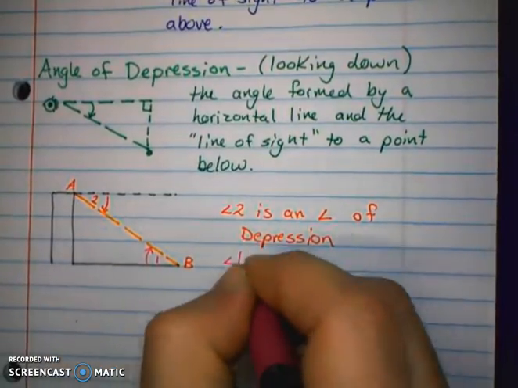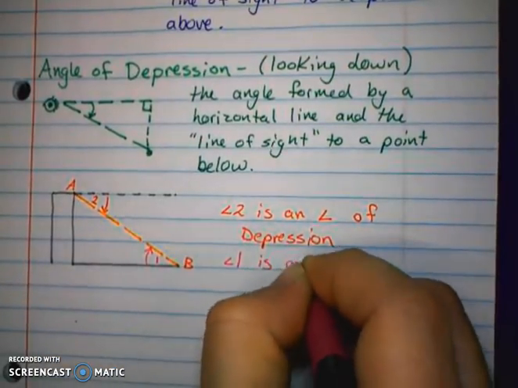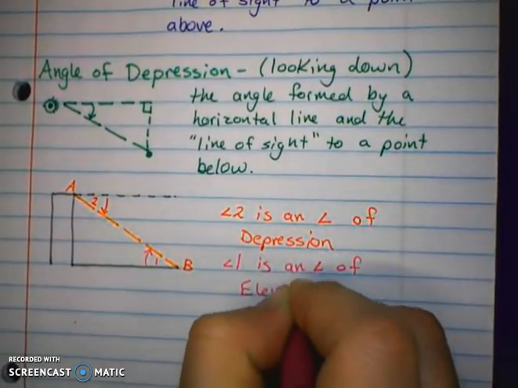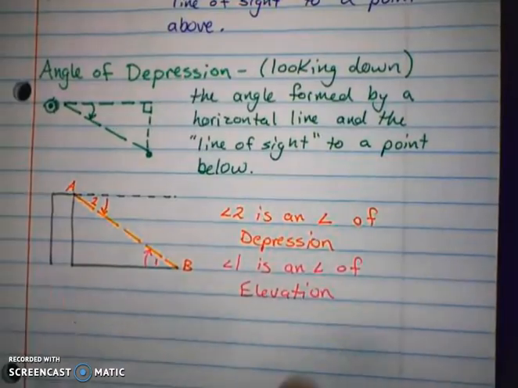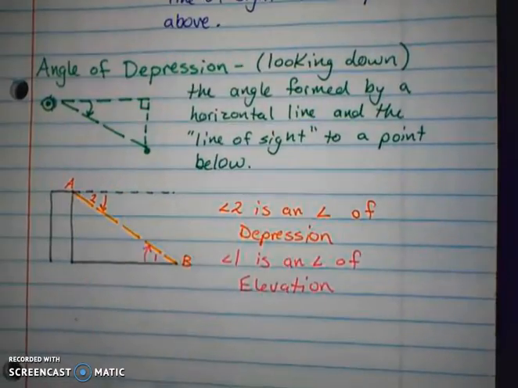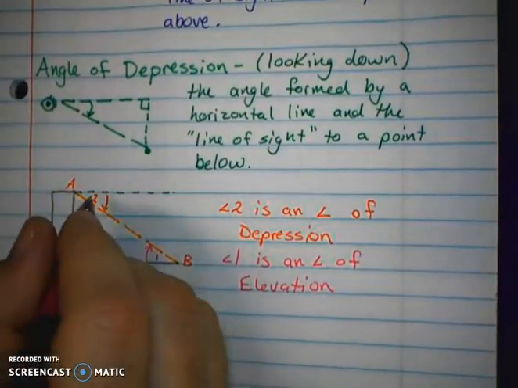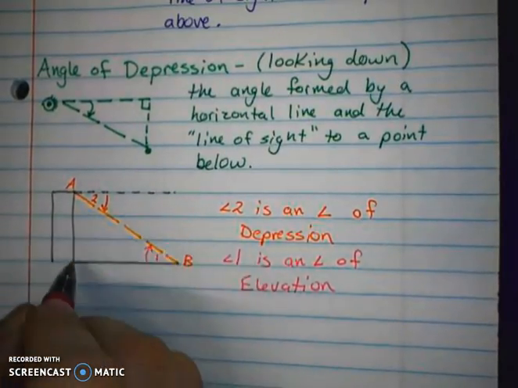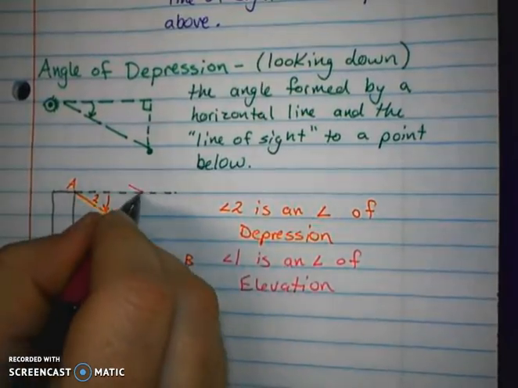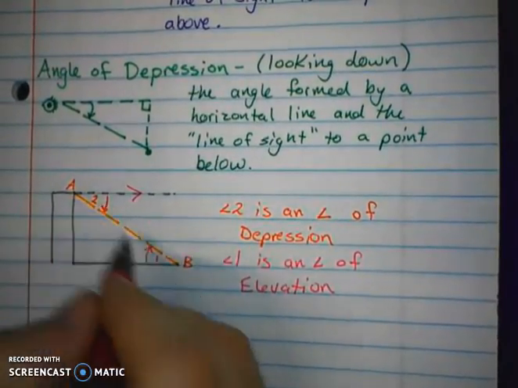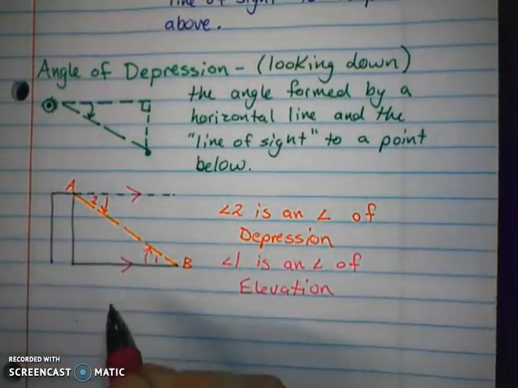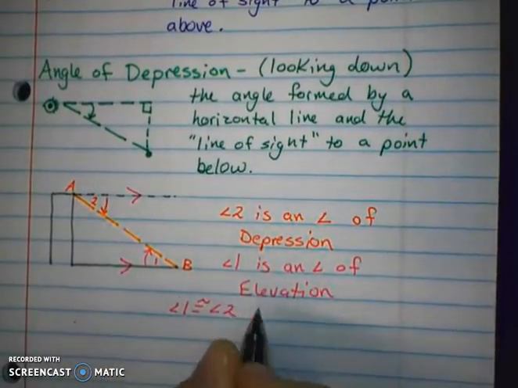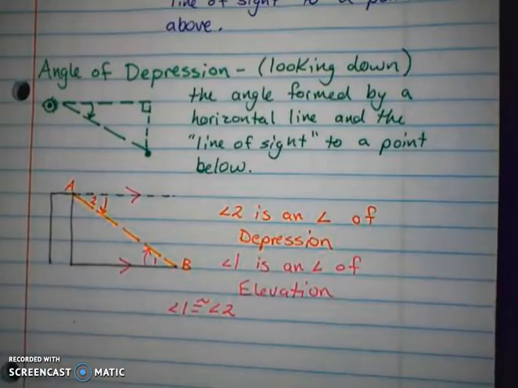So we can say angle 1 is an angle of elevation. Alright, and so those are the different angles. But what you would notice in this case, because this horizontal line is parallel to the ground, angle 1 and angle 2 end up being congruent to each other, because they're alternate interior angles.